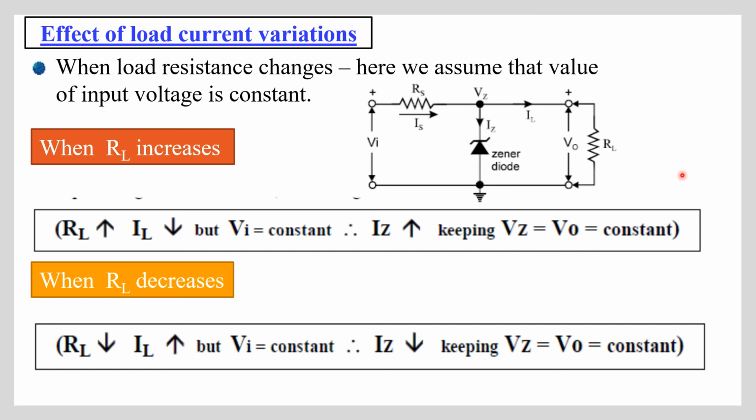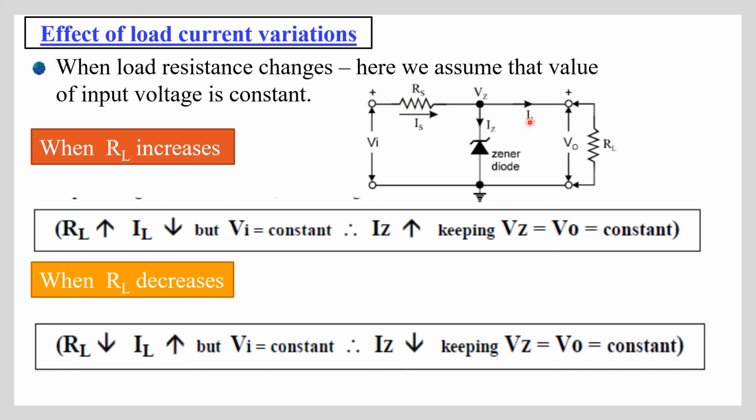So when the RL decreases, when the Zener diode operates in the breakdown region, the Zener voltage Vz remains constant even though the current Iz flowing through it may change. So when there is a reduction in the load resistance, the load current increases, the current Iz decreases by the same amount, and Is is kept constant.